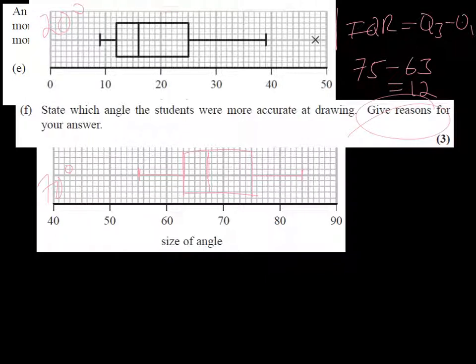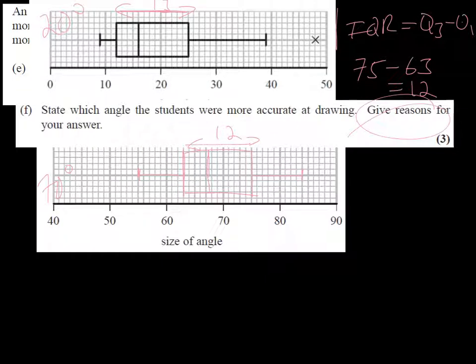So if you look at the interquartile range, which is essentially the length of the box, you can see that the interquartile range is smaller for the 70 degrees. So we can see here that the interquartile range is 12 from the box plot versus 13 here. So the interquartile range is smaller.